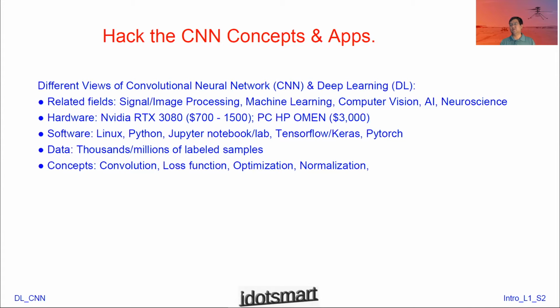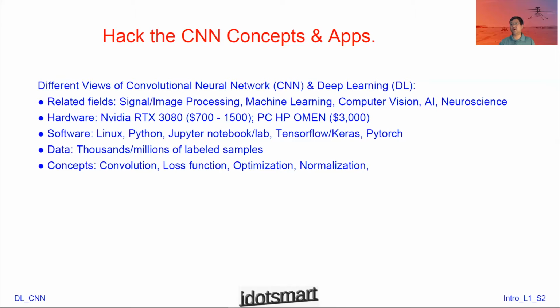There are two major frameworks, TensorFlow and PyTorch. Jupyter Notebook or Lab is a very useful tool as an interactive IDE. When we do deep learning, we also need big data. Typically, you need thousands or millions of labeled samples.